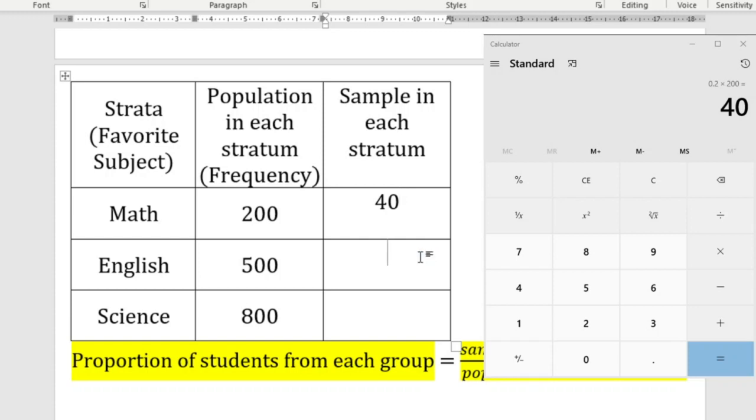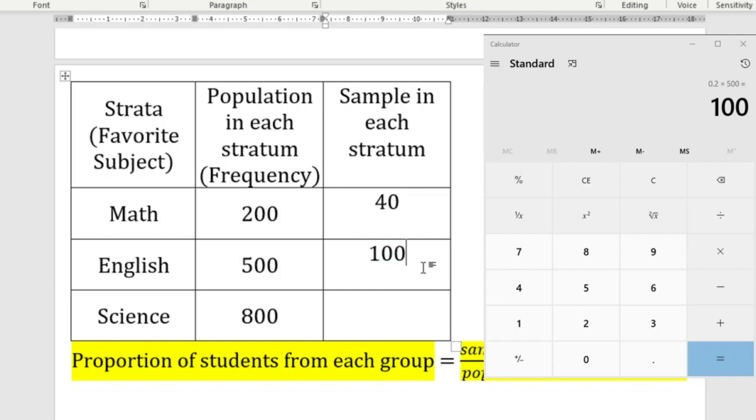Next, let us calculate the second one. Determine the sample size in the second stratum. Again, the sample size is 300 divided by 1,500, that is 0.2. We multiply the quotient by the frequency. We have 500, and we got 100 students.